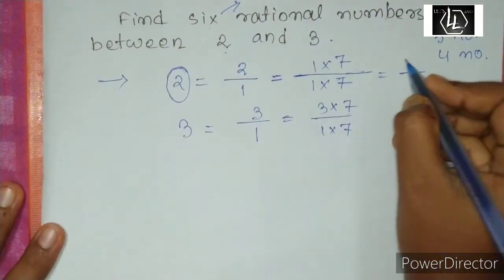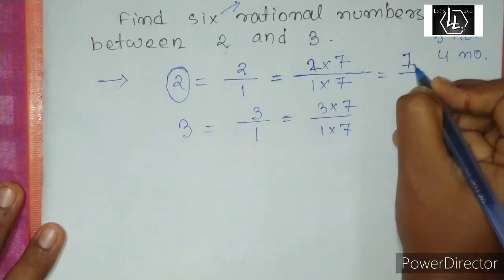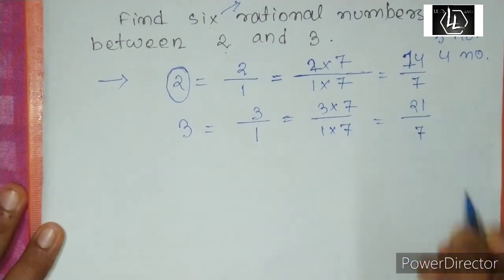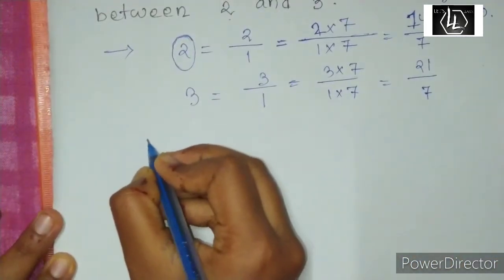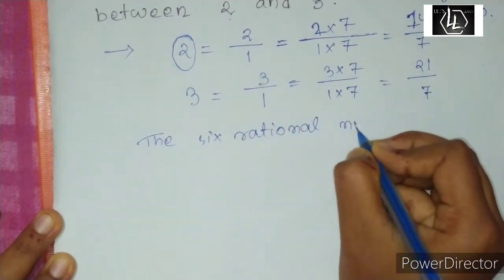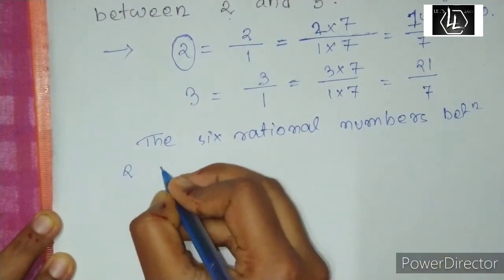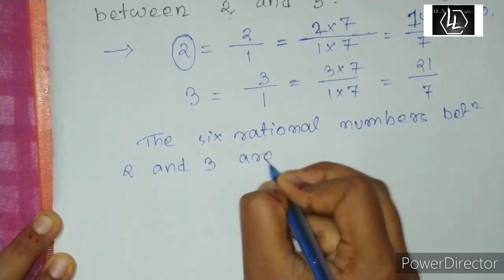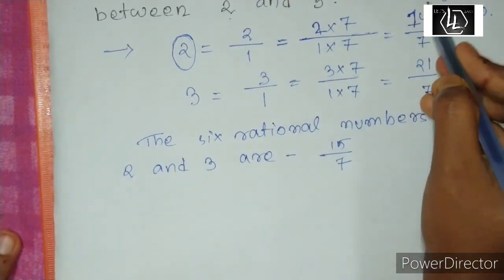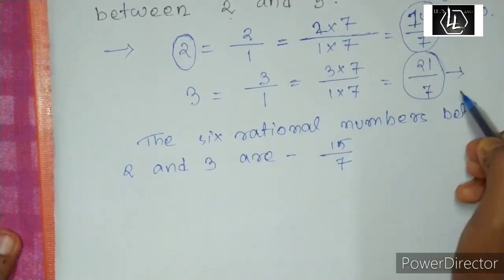So the result is 14 by 7, 21 by 7. So the 6 rational numbers between 2 and 3 are, we can write 15 by 7 as the numbers in between this and this, so it does not include 14 by 7 and 21 by 7.